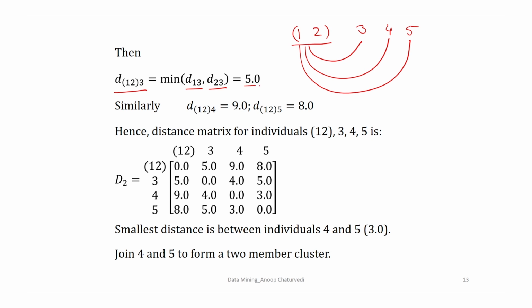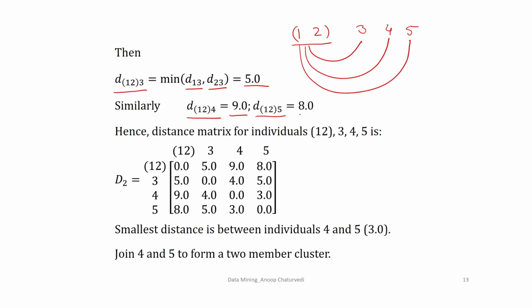So, D123 is 5.0. Similarly, you can calculate D124 also, which is the minimum of D14 and D24, and ultimately you get 9.0, and then you get D125 equal to minimum of D15 and D25, which is 8.0.